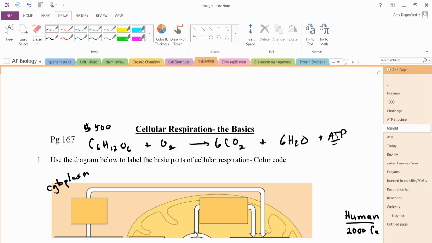And just by the way, animals respire, but so do plants. Plants have mitochondria. They do undergo cell respiration. It's just that whereas we have to get our food from other organisms, which makes us heterotrophic organisms, meaning we have to eat other organisms for our food and energy, plants are autotrophic, which means they can happily sit there in the sun and make their own food.